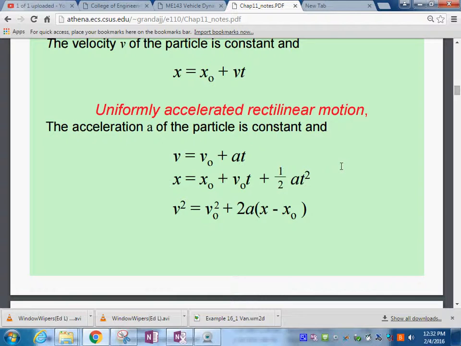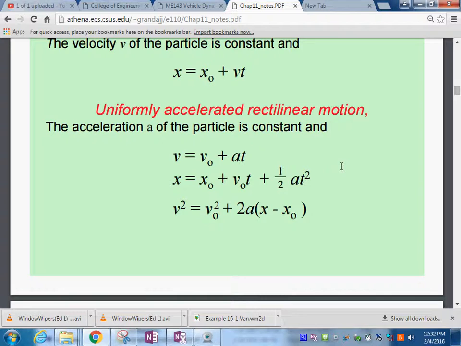We have to know these three equations because they act independently, and they are very helpful to find the main variables: velocity, position, acceleration, and time. Actually, we have those four, and a combination of those.